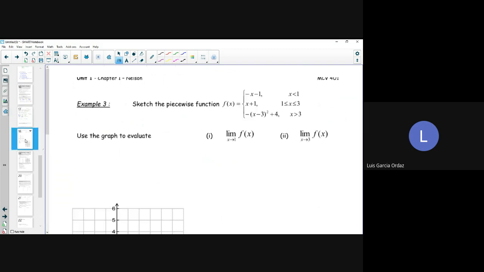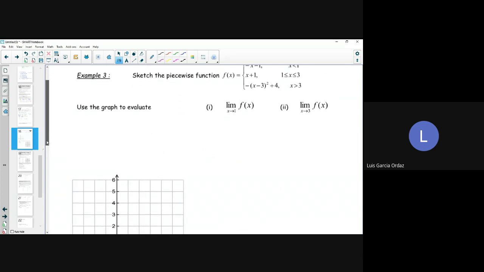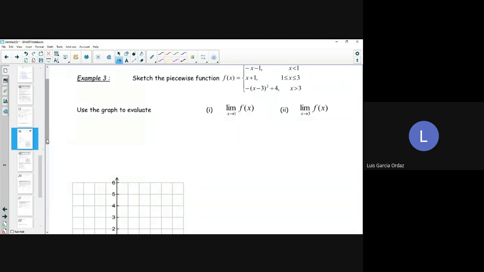So this is where we're going to actually sketch one out. So we have example 3, and we have a piecewise function. We have negative x minus 1, where x is less than 1. We have x plus 1, where x is between 1 and 3.